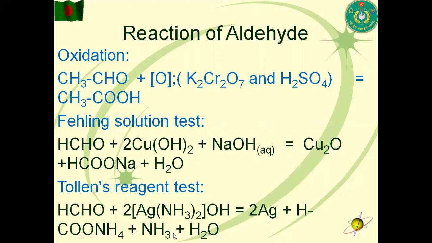So this is the specific confirmation test of aldehyde. From the tests of Fehling's solution and Tollens reagent, we can also differentiate between aldehyde and ketone. Aldehyde shows this type of test, but ketone does not.